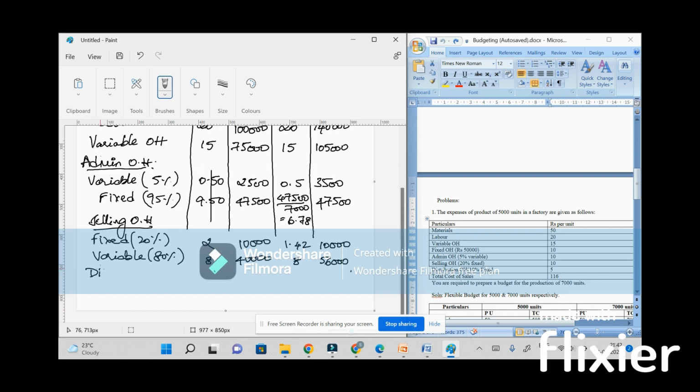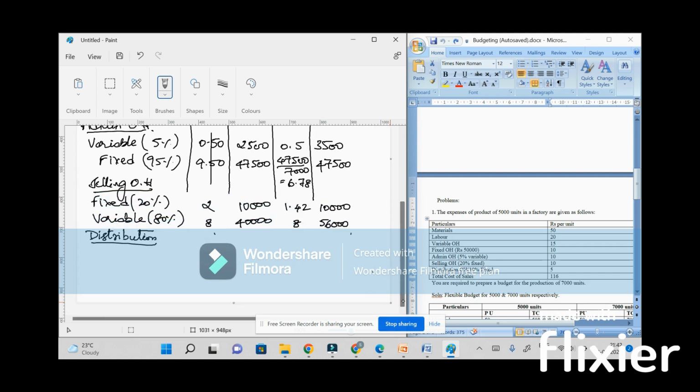The next entry which is being given is distribution expenses. Here it is given that 10% is fixed, and per unit in terms of production of 5,000 units is 5 rupees. So let's make a note in the same way. Distribution overhead, two columns, fixed at 10% of 5 rupees, and variable at 90% of 5 rupees.